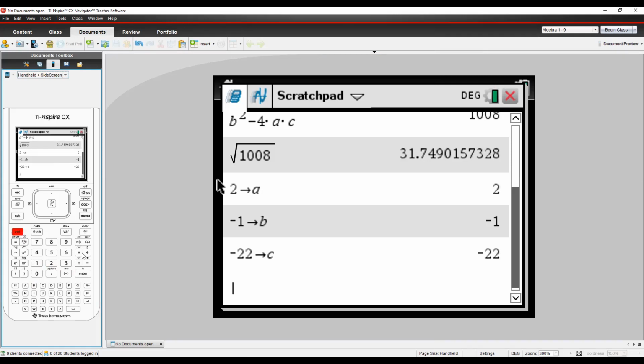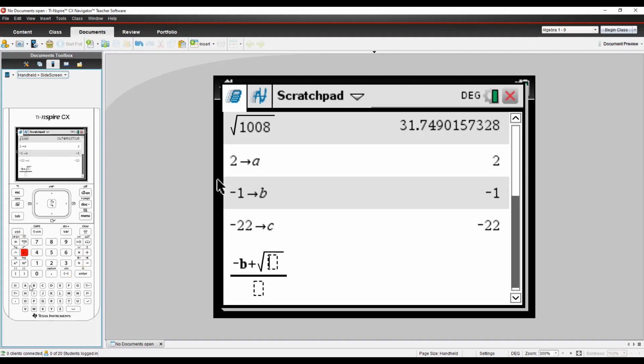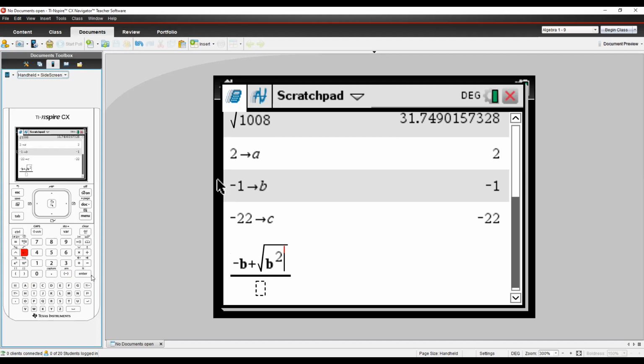So we got a fraction, and then a negative b plus the square root of b squared minus 4 times a times c, over 2a. And then you press enter.